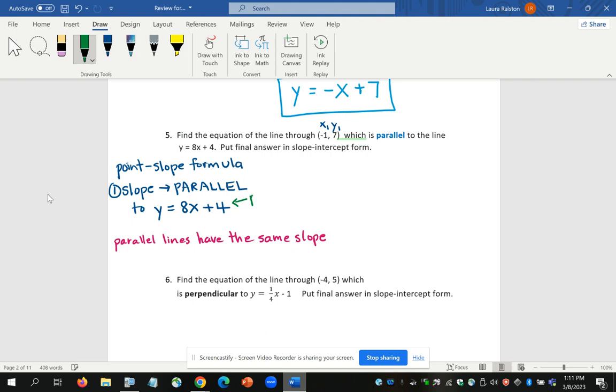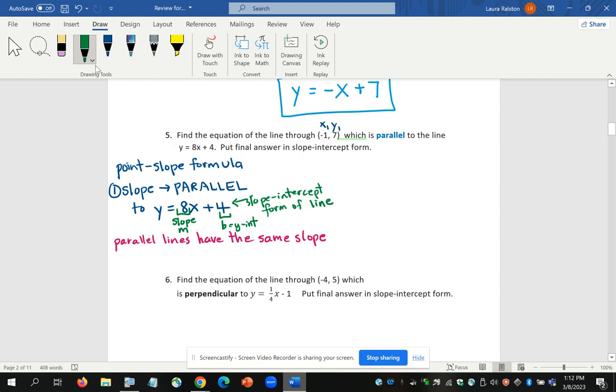It's in slope-intercept form of a line. And I know that the number in front of the x represents the slope. That's m. And the constant is the b, or my y-intercept.